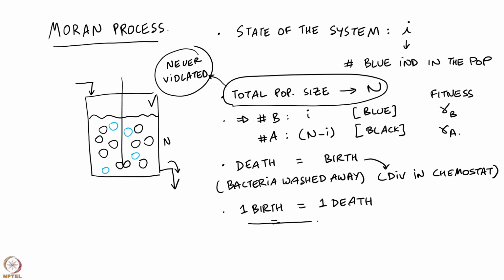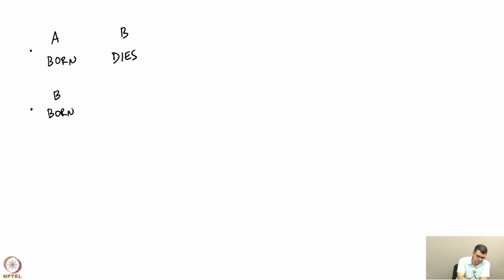So, if this is the case, one birth and one death taking place simultaneously, we have four options. We could have a case where an A individual is born and a B individual dies or is washed away. We have another case where a B individual is born and an A individual dies.